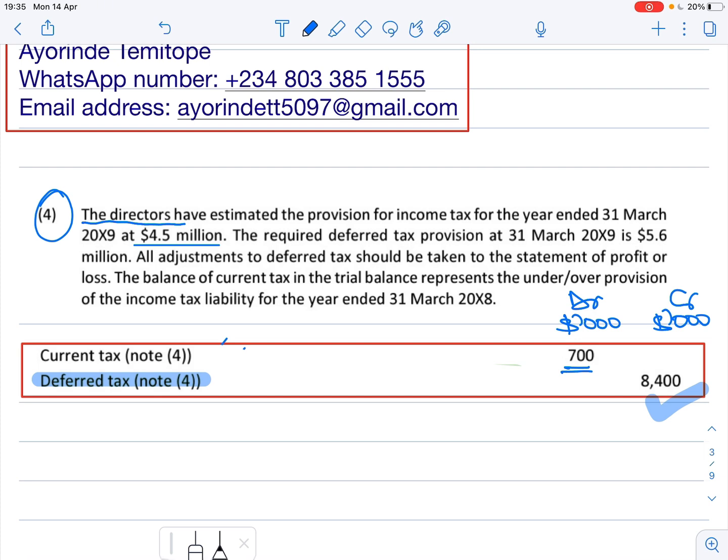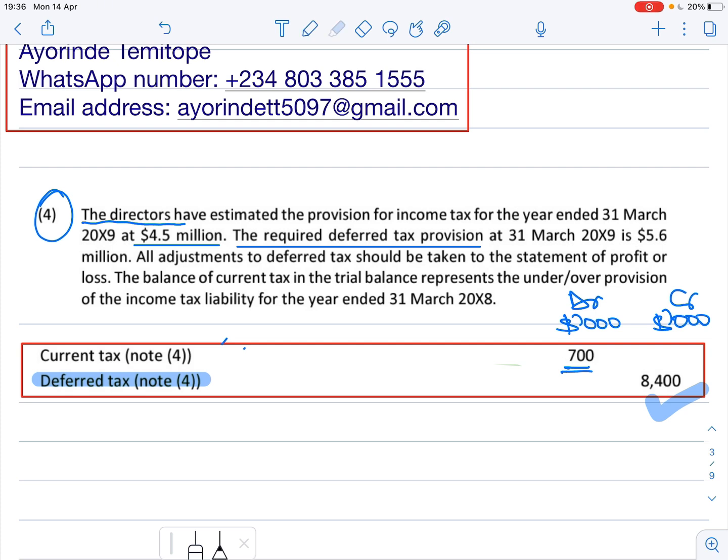Reading on, the required deferred tax provision at 31st March 20x9. So 31st March 20x9 is the year end, and any figure given to us as at 31st March 20x9 is going to be the closing balance.